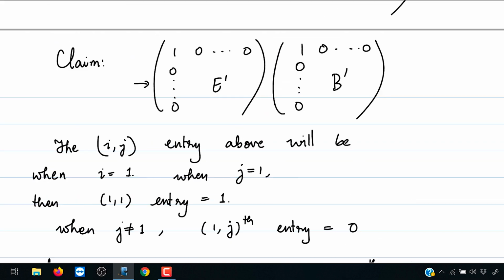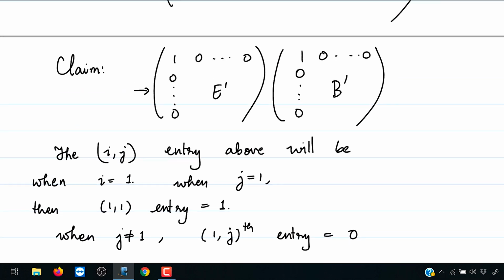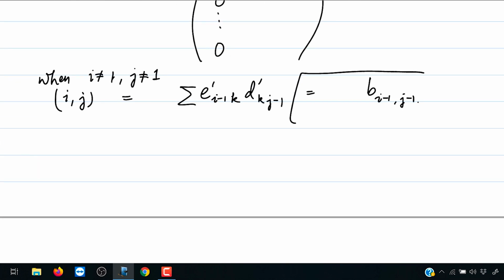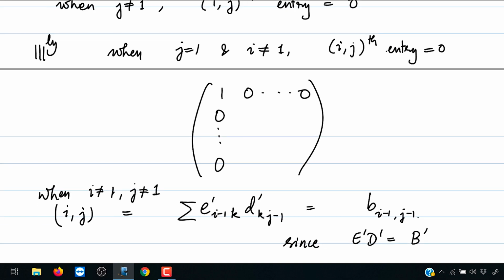And that's precisely how we get this entry equal to B (i minus 1, j minus 1). It is because E prime times D prime is equal to B prime, this will give us this particular entry, and hence the matrix here will just turn out to be equal to the matrix B prime.